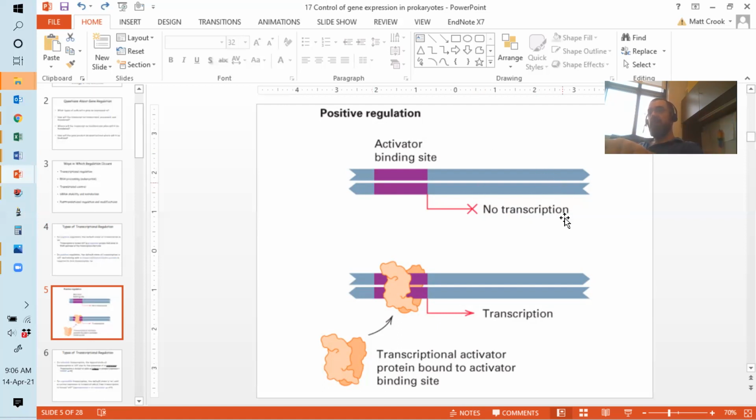It's not going to bind over here or up here. It's going to bind where that DNA sequence is found. And that DNA sequence isn't necessarily present in front of every gene. In fact, it's typically not. It's typically in front of particular genes. So remember, these DNA binding proteins bind a specific sequence in DNA that they recognize. That's where a lot of the specificity of the control of gene expression comes in.